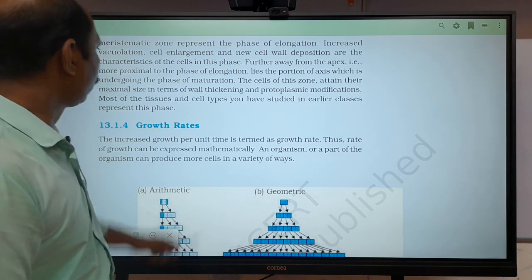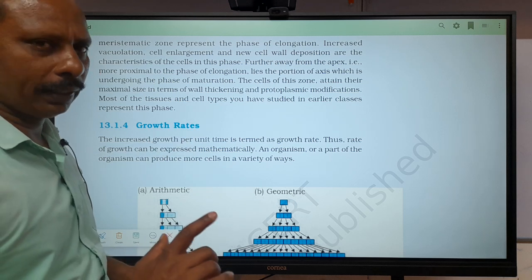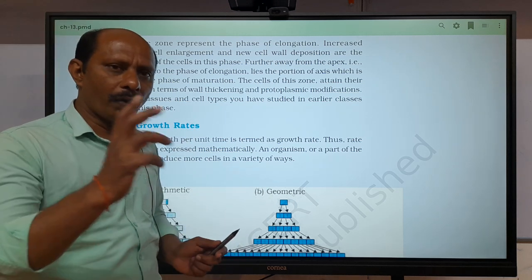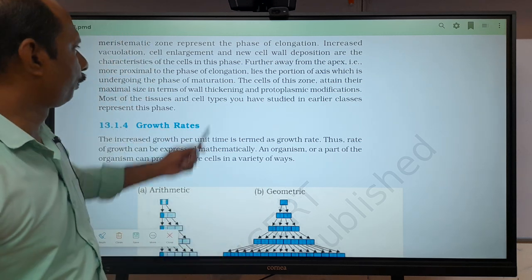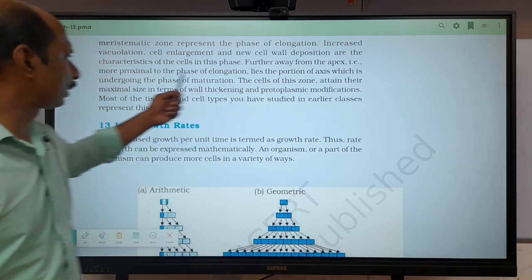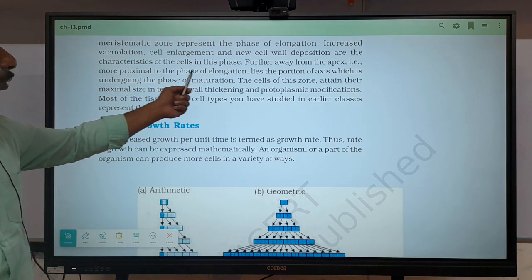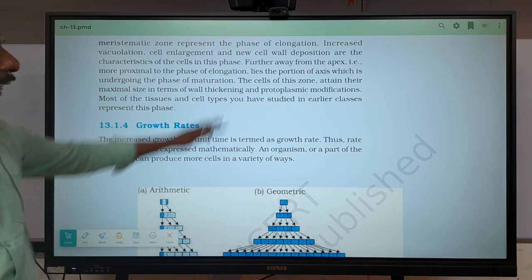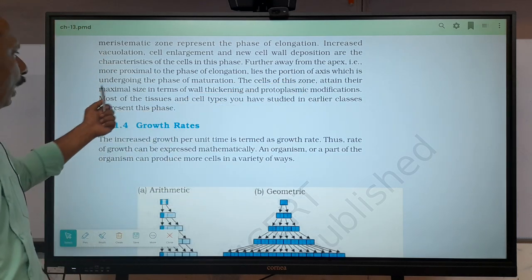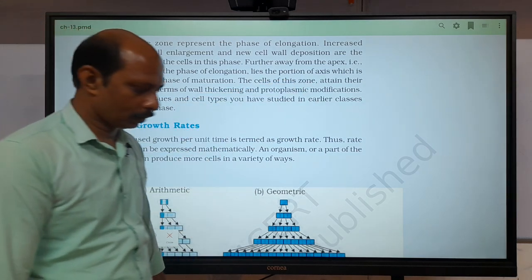Phase of elongation means what? New cells are added, second, cell elongation is there, vacuolation is also there. Further away from the apex, more proximal to the phase of elongation, lies the portion of axis which is undergoing the phase of maturation.